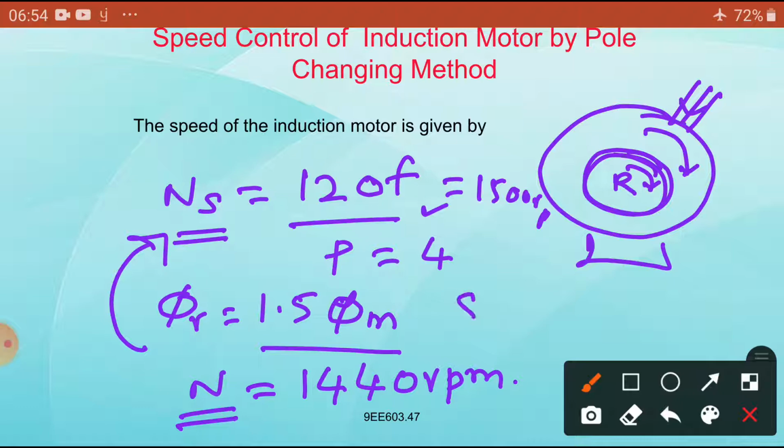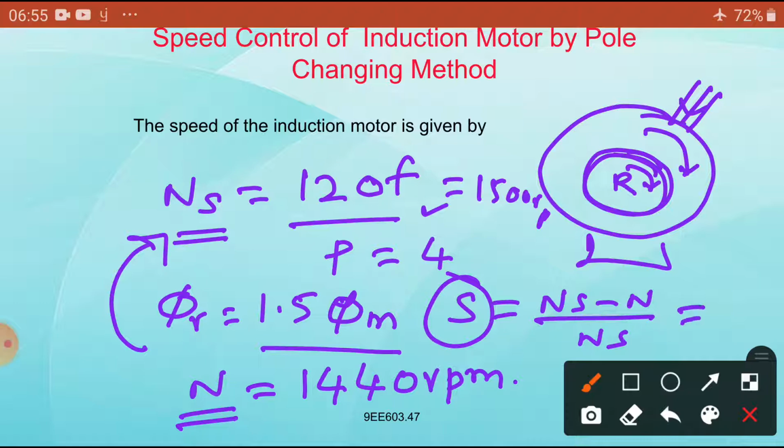The slip is equal to Ns minus N by Ns, that means 1500 minus 1440 divided by 1500. So we are going to get some slip. That means the slip is playing a vital role in changing the motor speed.